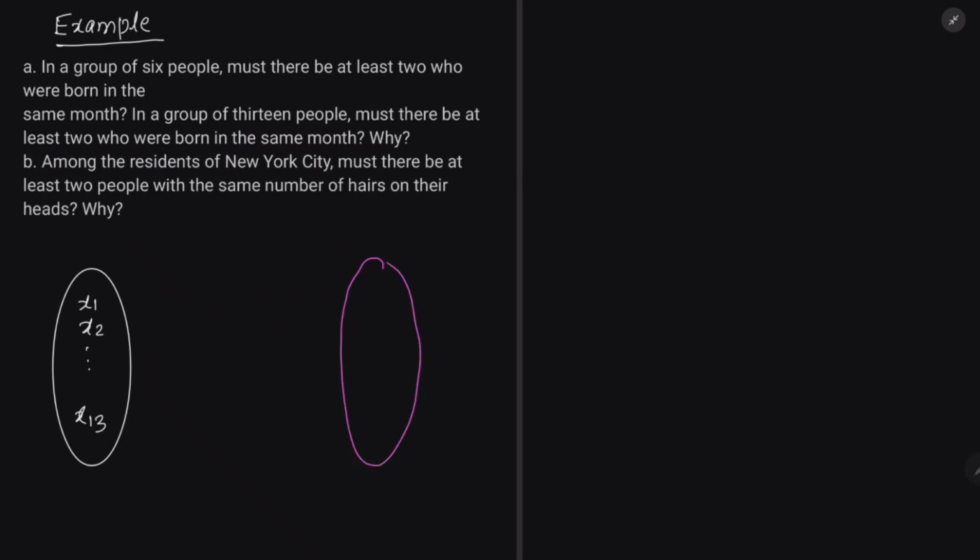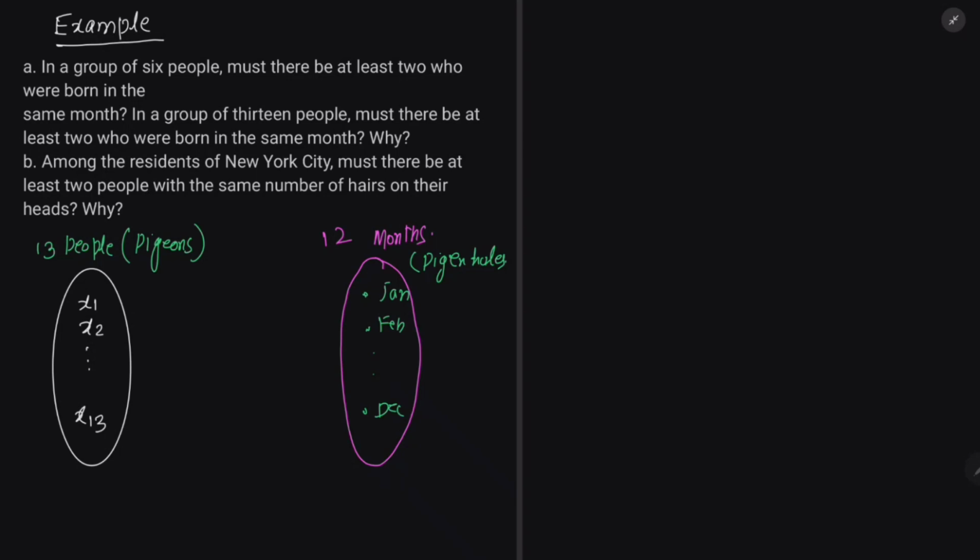First we identify the pigeons. The pigeons are the 13 people, and the 12 months are the pigeonholes: January, February, and so on up to December.